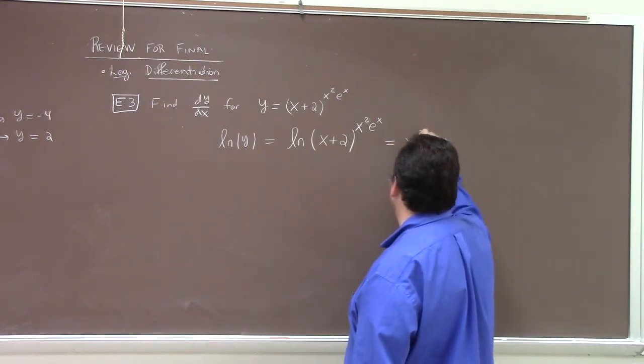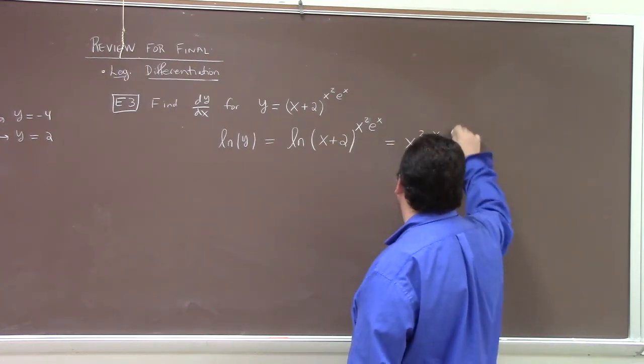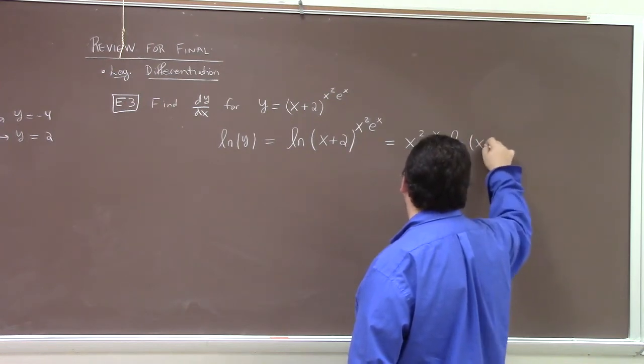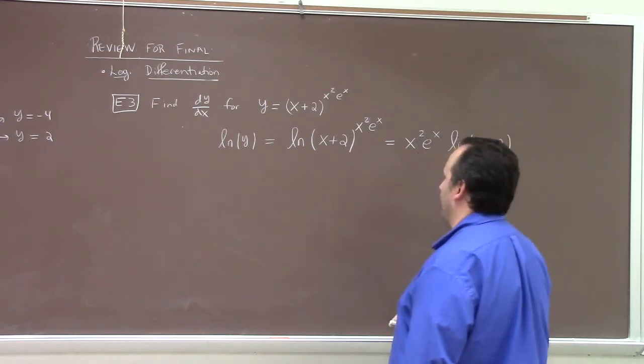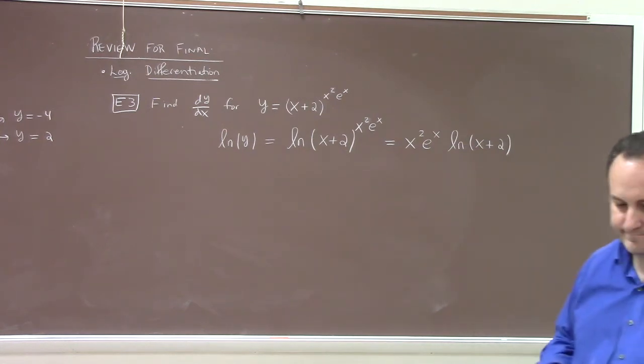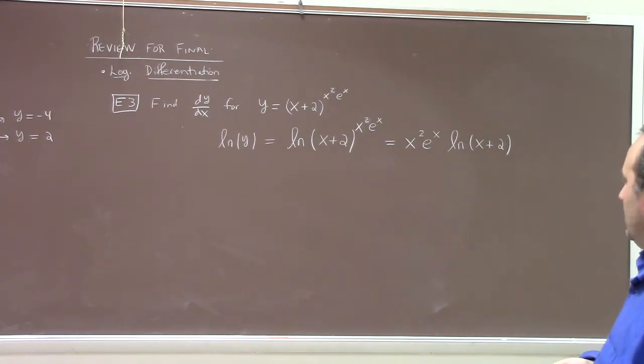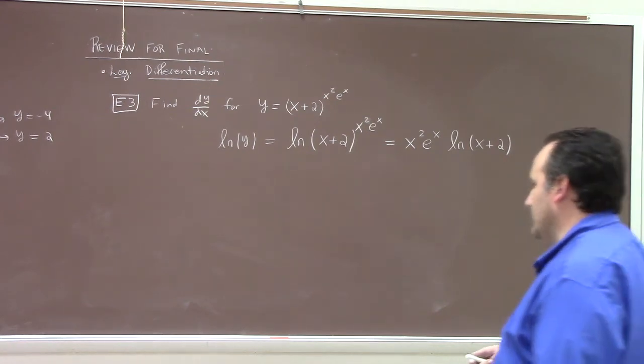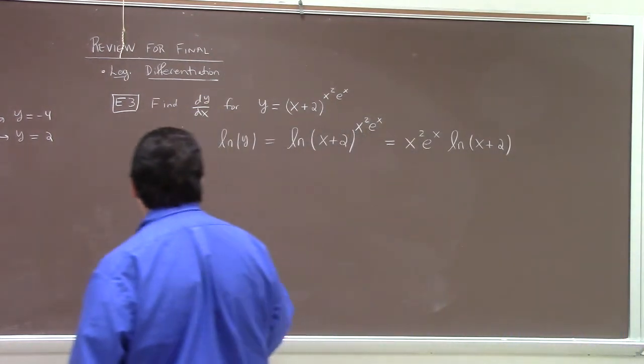We've got x squared e to the x times the natural log of x plus 2. And then at this point, we can differentiate both sides. I really can't do much more. All right, so differentiate both sides.